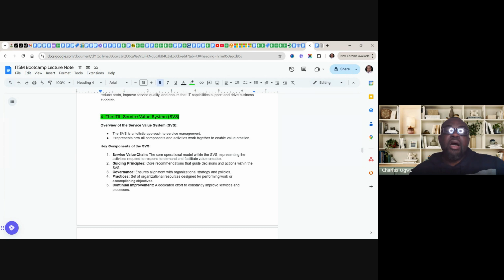It represents how all components and activities work together to enable value creation. I think it's such a very powerful framework that it creates a lot of value. And with all these components woven together, it must create a very good value. And that is what ITIL is talking about.